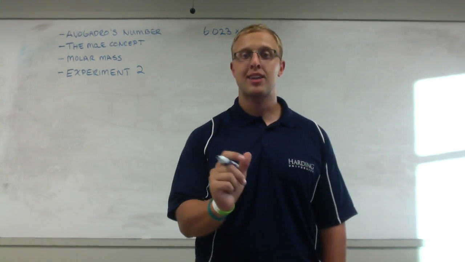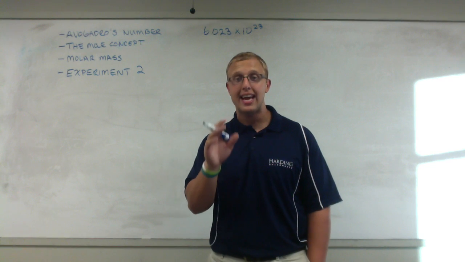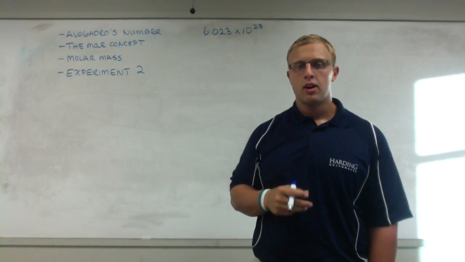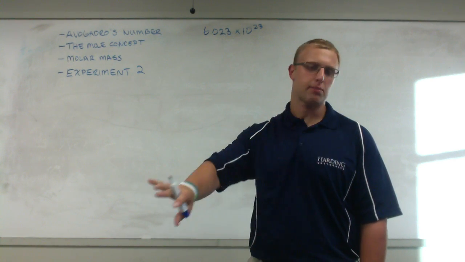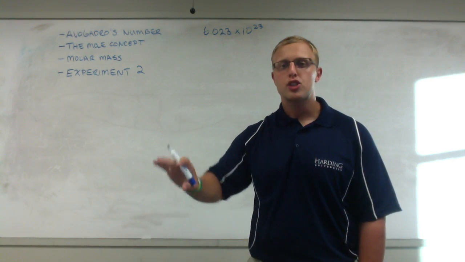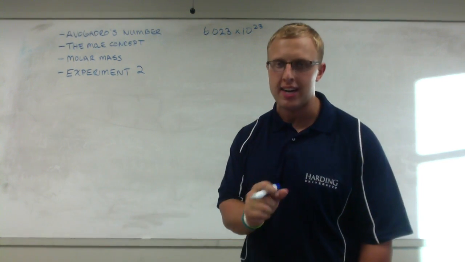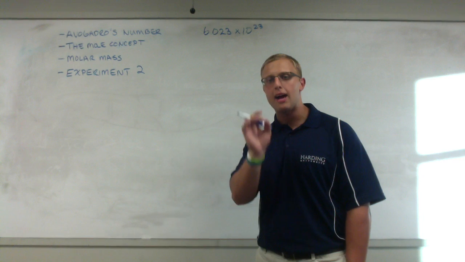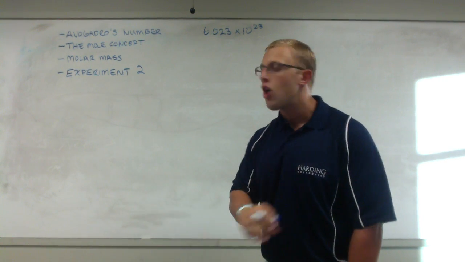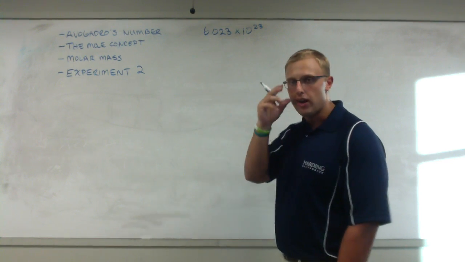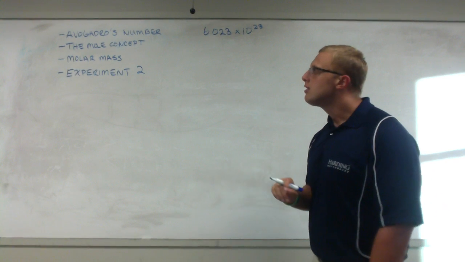We said the mass of an electron was 9.109 times 10 to the negative 31, right? And that's an incredibly, incomprehensibly small number, right? We just can't comprehend how small that number is. So to describe a counting principle that counts that small of something, we have to use a very large number, right? That's why it's so large, and that's why we have to use it.